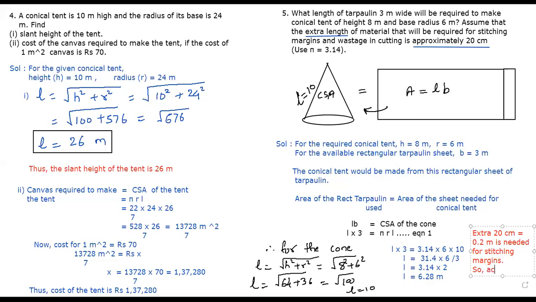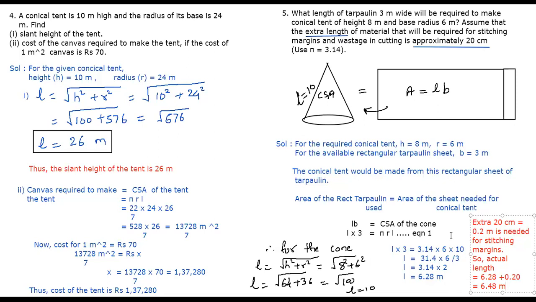So actual length is equal to 6.28 plus 0.20 is equal to 6.48 meters.